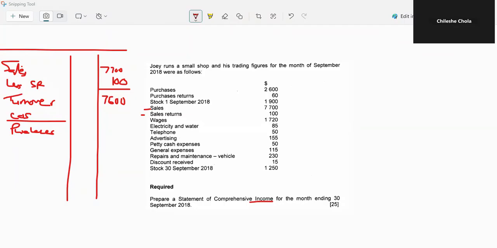Sorry, I'm a bit lost. After the turnover, we're now on cost of sales. The title is cost of sales, so these items fall under cost of sales. So start with purchases, 2,600.